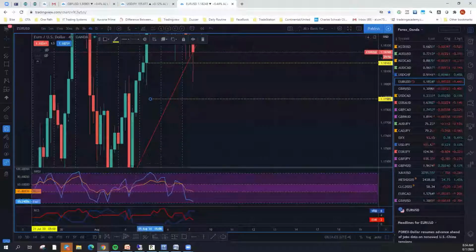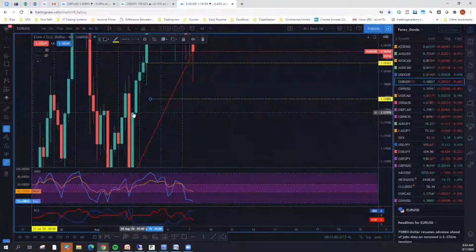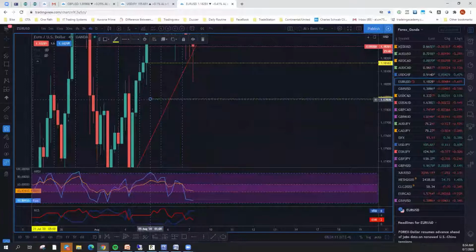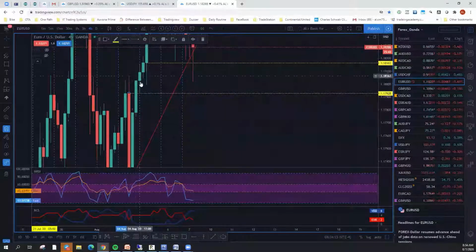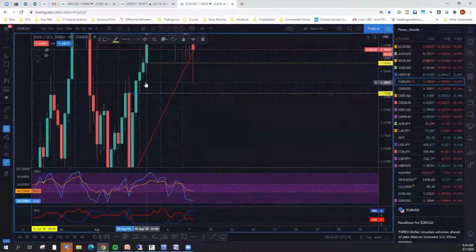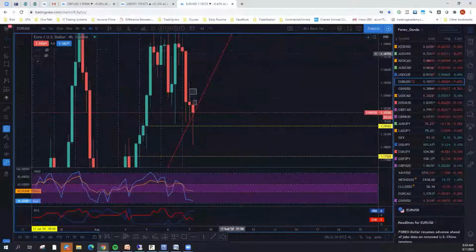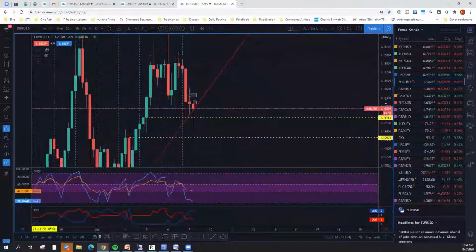We had a nice strong move down, came back up, closed above here, small little wick, no wick on this at all, small wick here, came back, closed above. So this was the area that it closed above. It came back and retested this area, and then it went back up, retested that. But once it broke and closed and retested it, then it went straight on up to who knows where.